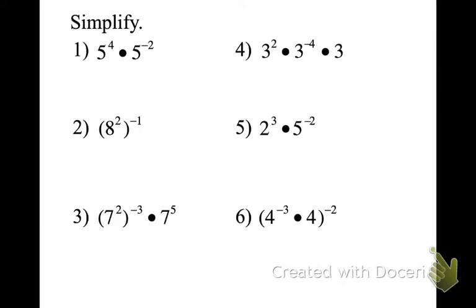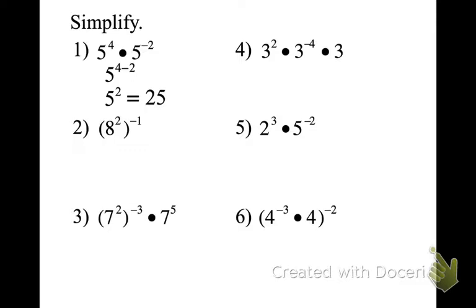All right. So here we're going to do 5 to the 4 times the negative 2, and that's 5 to the negative 8, which, gosh, I don't know what that is. Let's look at the PowerPoint. Okay. Oh, why did I get that? Negative 5 times negative 2. It's 5 plus negative 2.